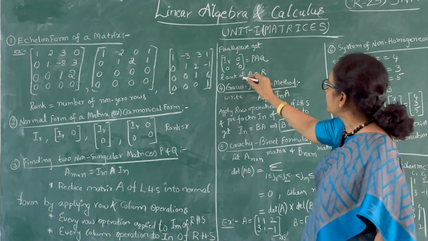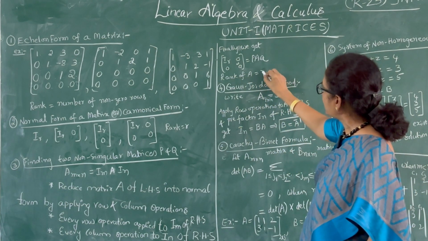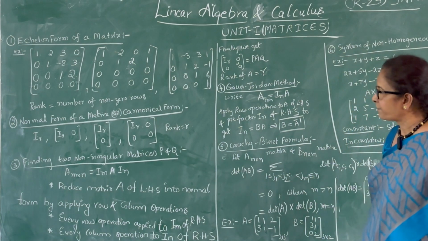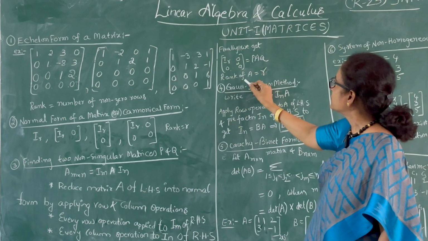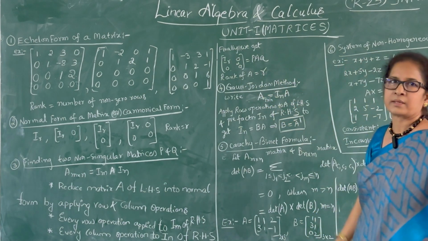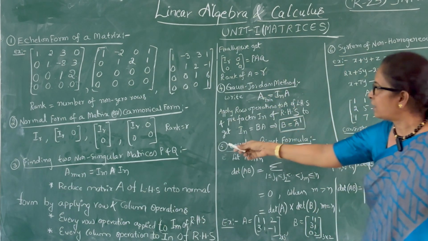Here we can also find the rank. Rank is nothing but r, small r, because in the normal form we have I_r 0 0. So rank of A is equal to r. This is the third topic.